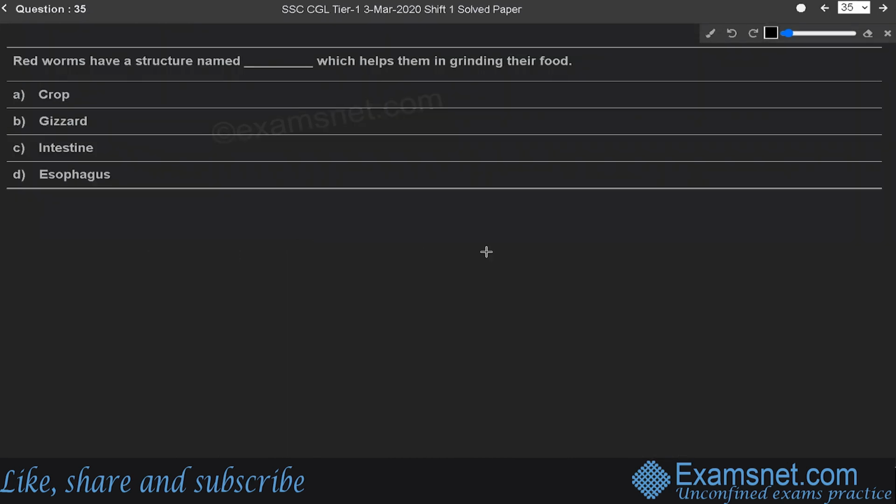Next question is, red worms have a structure named dash which helps them in grinding their food. And the options are crop, gizzard, intestine, and esophagus. All these are the structure in the body of a red worm. Here, gizzard helps them in grinding their food.